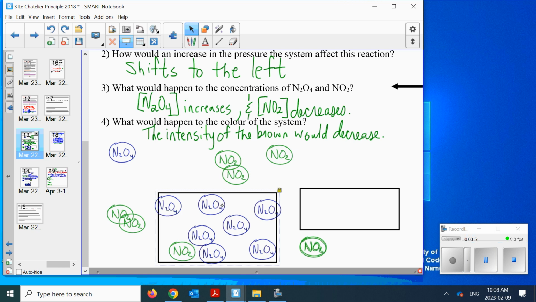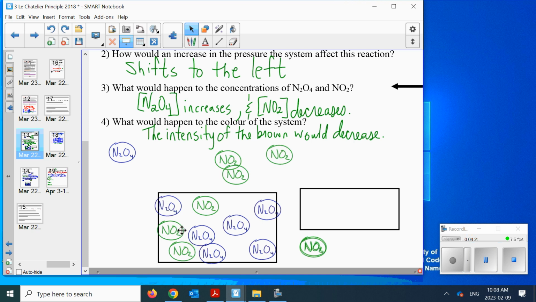So, boom, this one collides with the wall, falls apart. What does it turn into? A couple of them. There's still a lot of space. Things are colliding. Now remember at the same time, some of these NO2s collide and form N2O4s, but at the same time, another N2O4 breaks up, right?